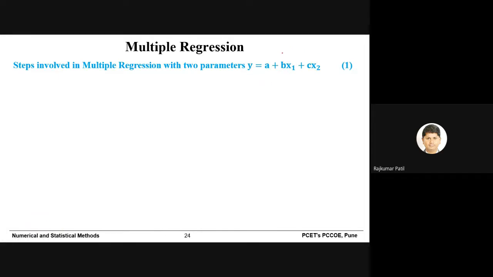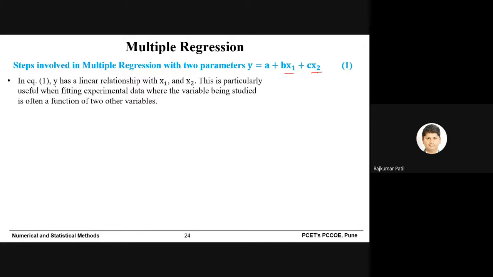And y is dependent on x1 and x2 means, again, there are two variables x1 and x2. We call x1 and x2 independent variables because they are not dependent on each other. And here we are assuming that x1 and x2 are independent.